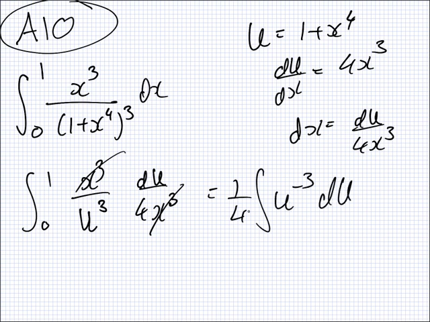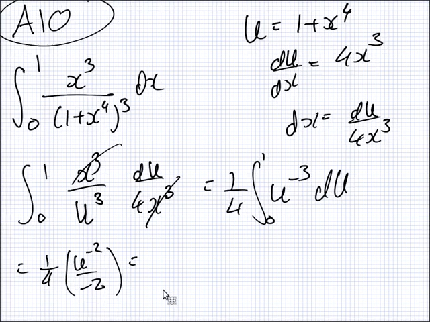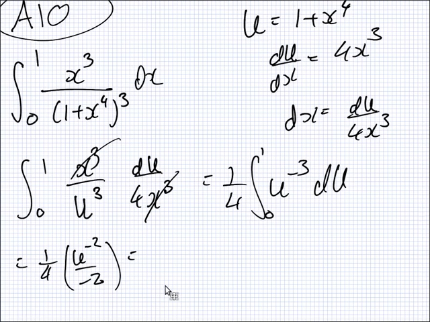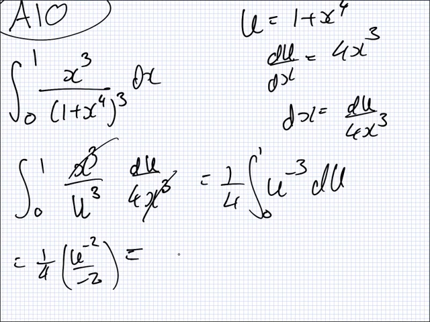Okay, fine. So we're all happy so far? Right, so that's 1 over 4 u to the minus 2 over minus 2. Yes, that's right. So that is minus 1 over 8u squared.